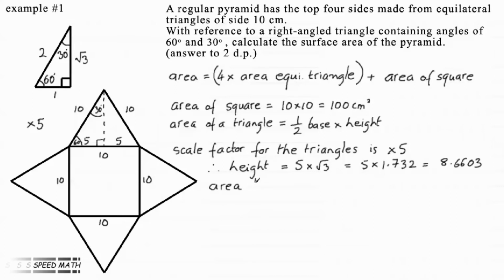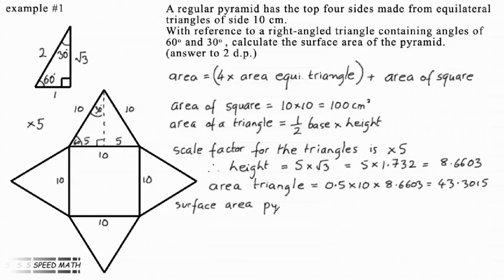So we have the area of the triangle is equal to half, that's 0.5, times 10 times 8.6603, which equals 43.3015.